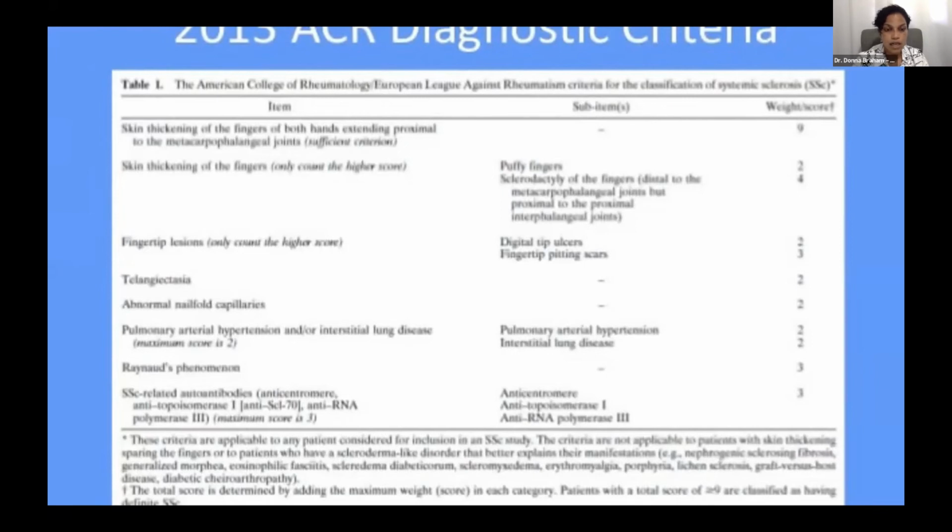If it's not clear cut, so you don't have multiple features, you're not having systemic sclerosis related autoantibodies, or you're not having other features, then a skin biopsy can also be quite helpful to assist with the diagnosis of these patients.